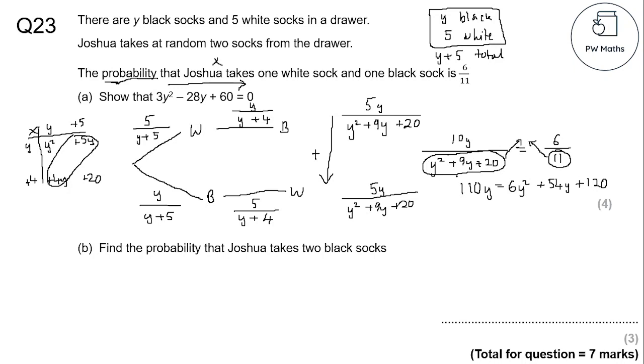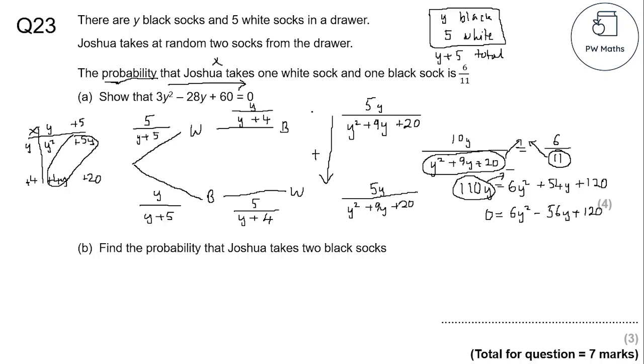Are we getting anywhere? Well, it's wanting it equal to 0, so let's move this positive 110y over. 0 equals 6y squared, 54 minus the 110y is minus 56y, plus 120.